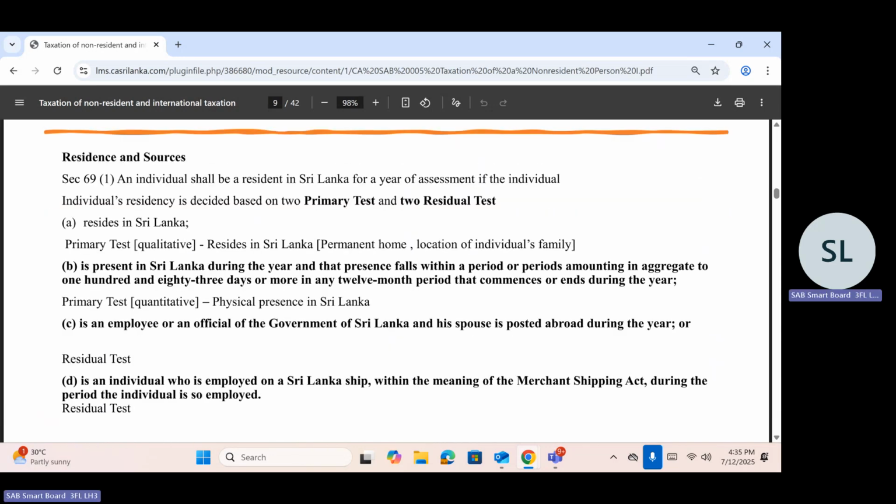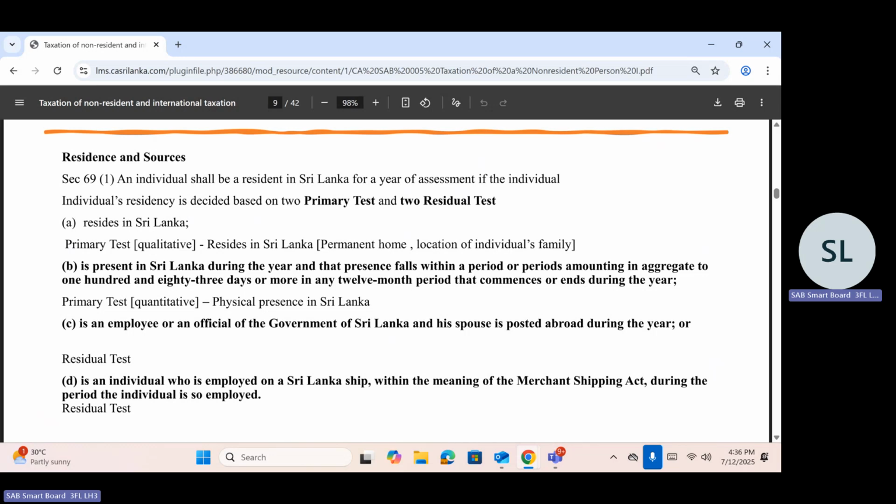So how do we test whether a particular person is resident or non-resident? There is the primary test and the residential test. The primary test is whether that person resides in Sri Lanka, for example permanent home, location of family.